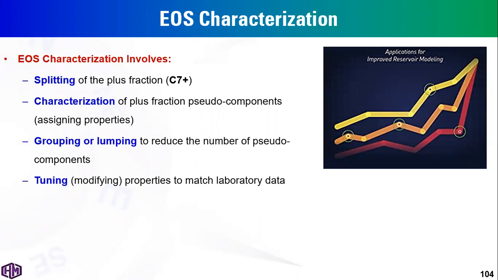So we have to understand the importance of PVT QC and PVT quality control before generating the equation of state, because we will modify some of the equation of state parameters to match the lab experiments. So this lab data must be consistent, must be accurate, and must follow specific criteria.